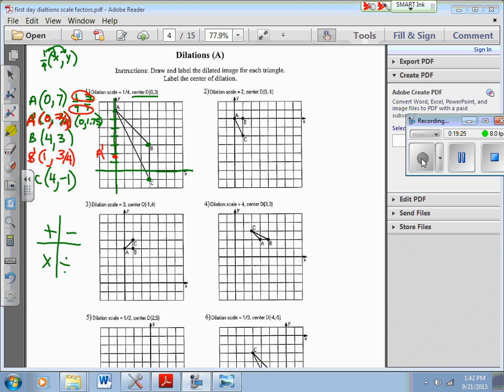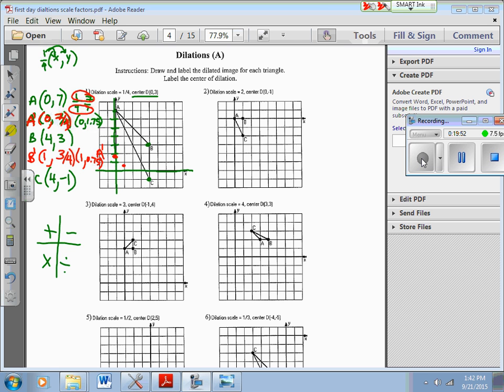And 3 divided by 4 on your calculator should be what? 0.75. So that's really 1,0.75. Yeah? All right, so 1,0.75, roughly about right there.